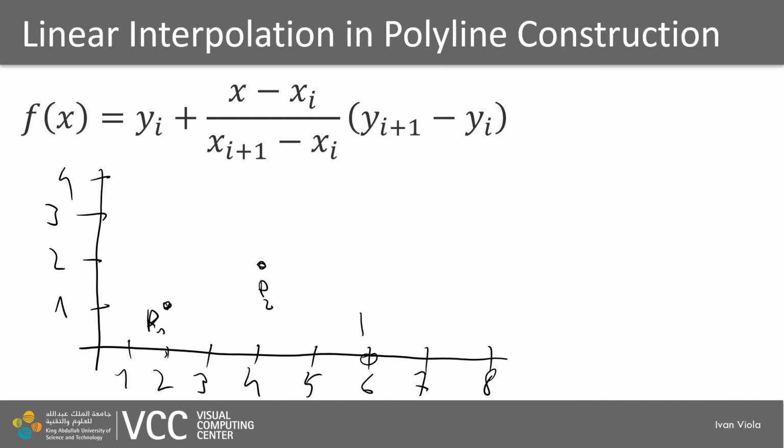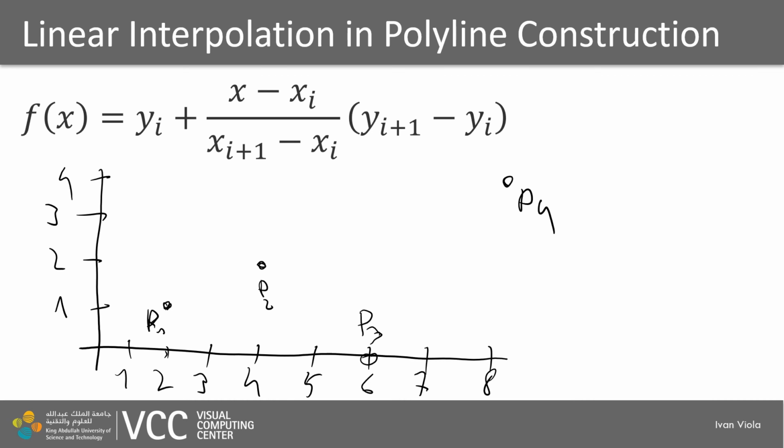Here will be the point P3. And perhaps here we will have the point P4. Now, how can we create a continuous line between those? Such a linear interpolation function helps us here, and we can create an interpolation based on between which points, which we know, our interpolated point lies.